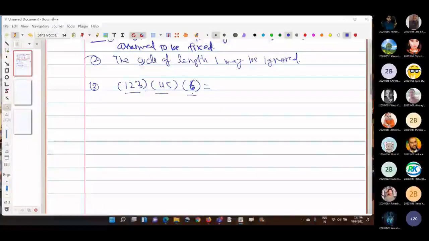One cycle we can ignore because this cyclic notation fixes all except 1 2 3. It fixes 4, it fixes 5, it fixes 6. Of course, if we are writing (6), it means 6 is sent on to 6. So we can ignore single length cycles and write (1 2 3)(4 5).